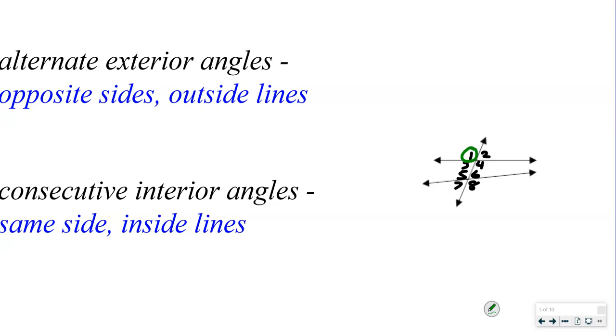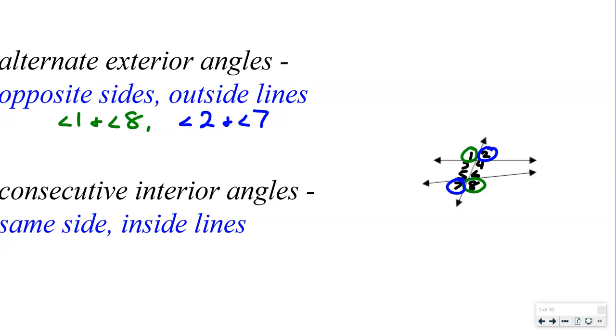So we would have 1 and 8, and also 2 and 7. Angle 2 and angle 7. So again, they come in pairs. They're on opposite sides outside the lines, so alternate exterior angles, exterior being outside.